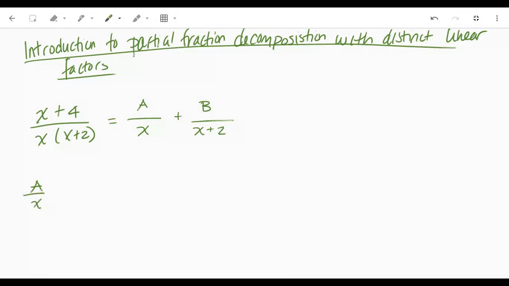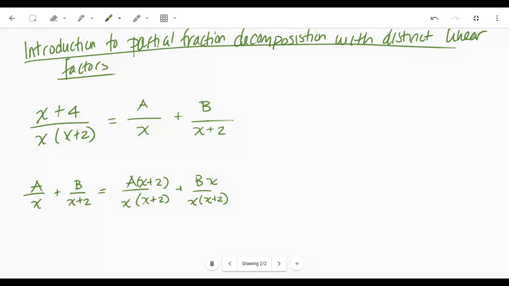If I had A over x plus B over (x + 2), if I wanted to add fractions, I would need a common denominator. So it would be A times (x + 2) over x times (x + 2), plus B times x over x times (x + 2). So that when I combine them, I can add my numerators over the denominator x times (x + 2).